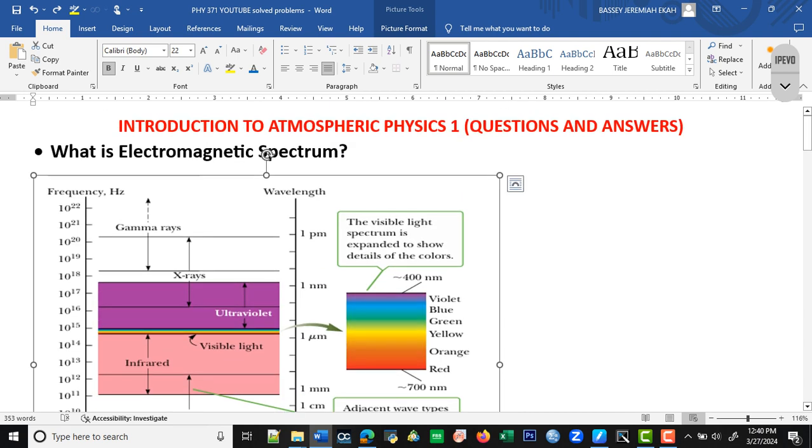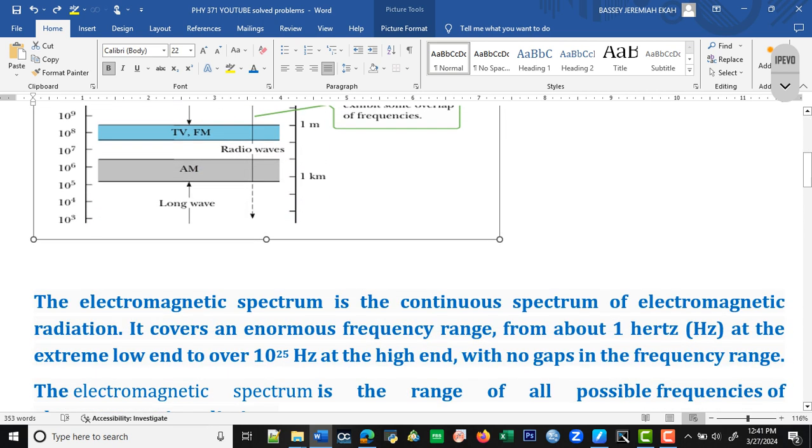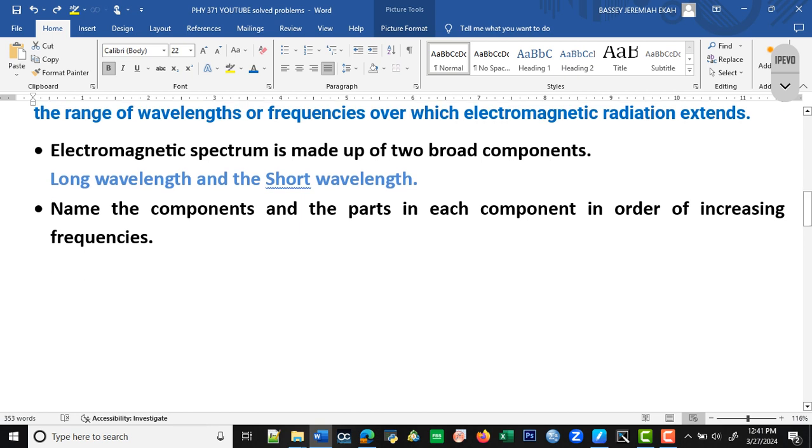Or if you are asked to write the members of the electromagnetic spectrum in order of increasing wavelength, then you have to start from the gamma ray, the X-ray. It means the same thing as decreasing frequency. So with the table, we should be able to attempt the question below.